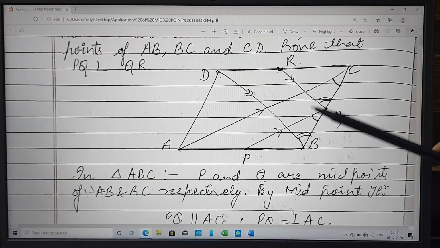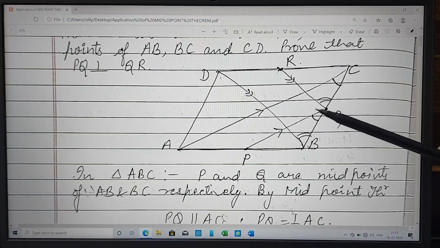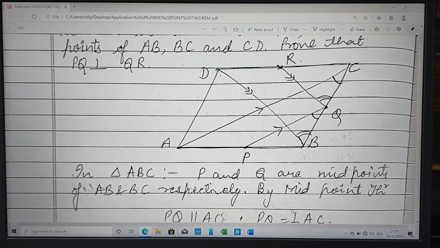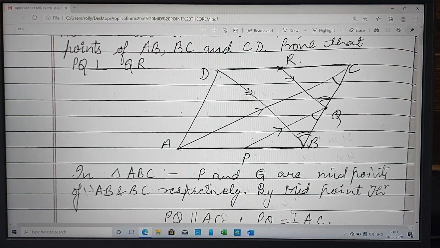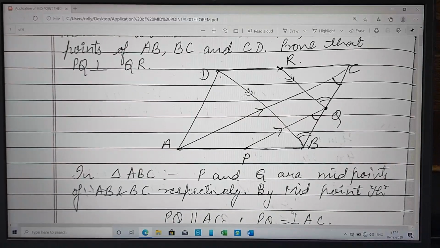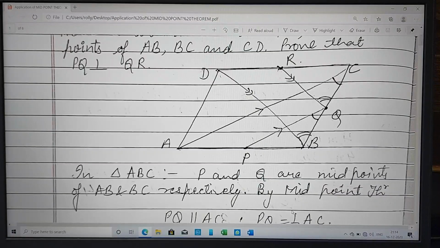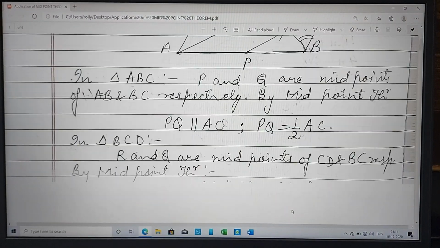So if the sum of these two angles is 90 degrees, then the angle in between will become 90. Why 90? Because the sum of all three angles will be equal to 180 degrees, as they lie on a straight line. So angle RQP will be equal to 90 degrees.